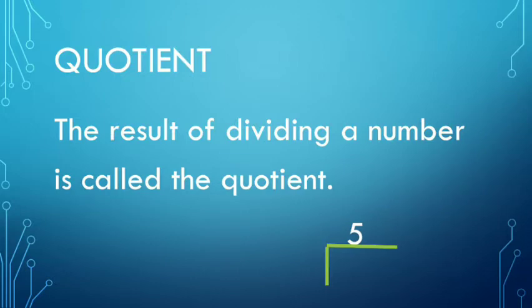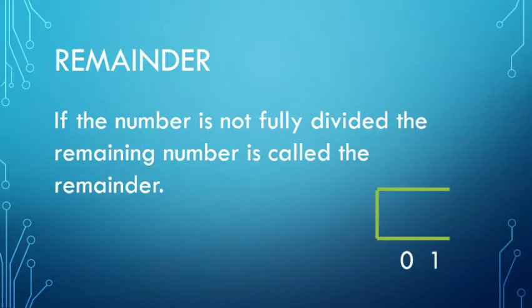Quotient. The result of dividing a number is called the quotient. Remainder.